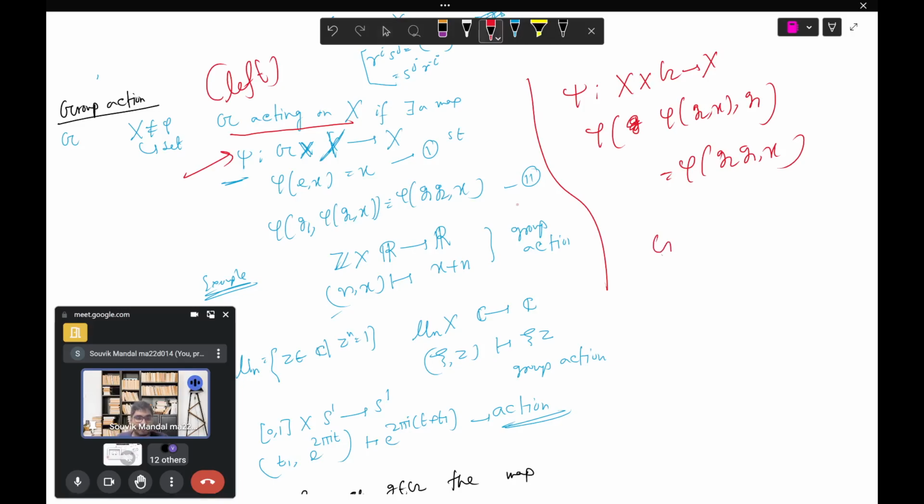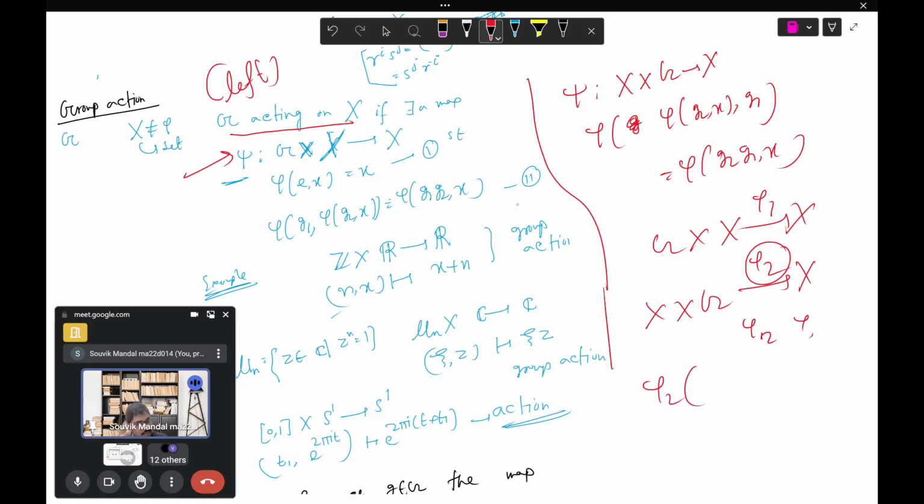Suppose G is a group and we have some map psi 1, and suppose this psi 2. If you want to get this psi 2 from psi 1, then psi 2 of x comma g is equal to psi 1 of g comma x. That's the definition.